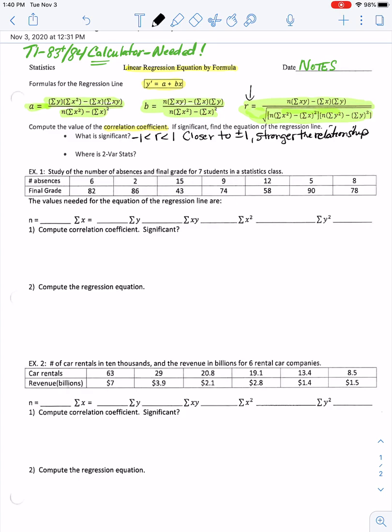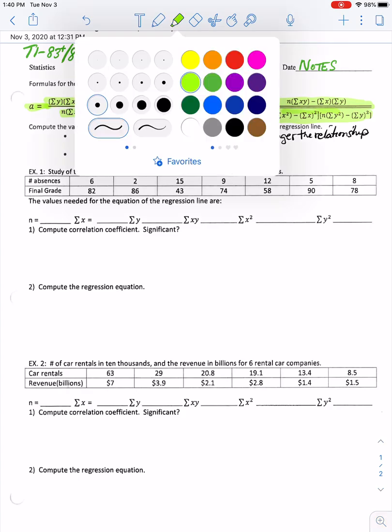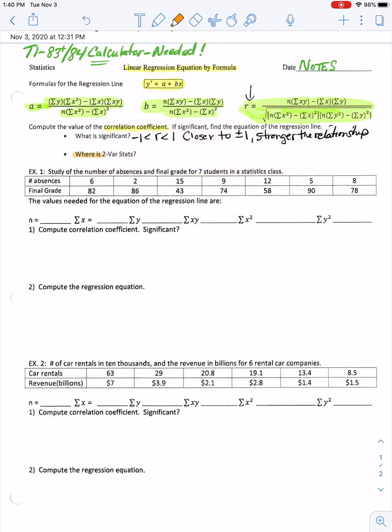To do our calculation, I'm going to let you into a new place on your handy-dandy calculator. 2var stats is going to be your new friend. To get there, we're going to hit stat, then go over to calc, and right there you'll see choice number 2 is 2var stats.